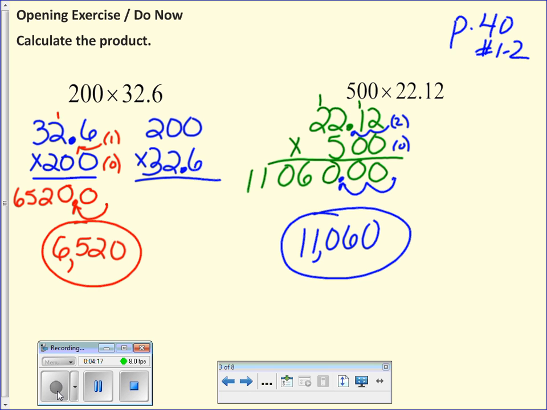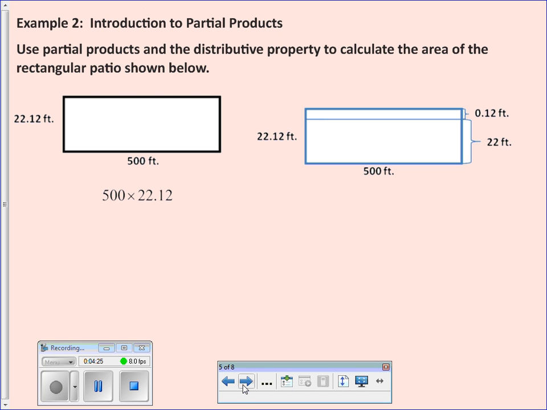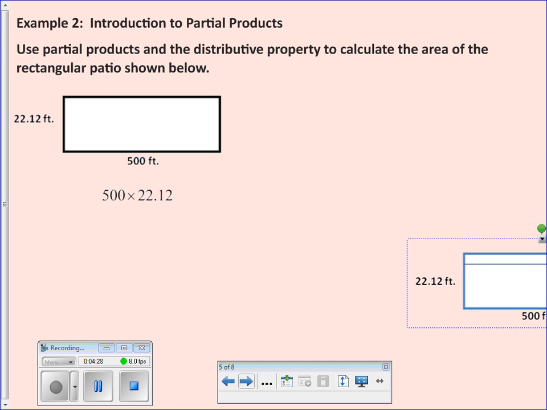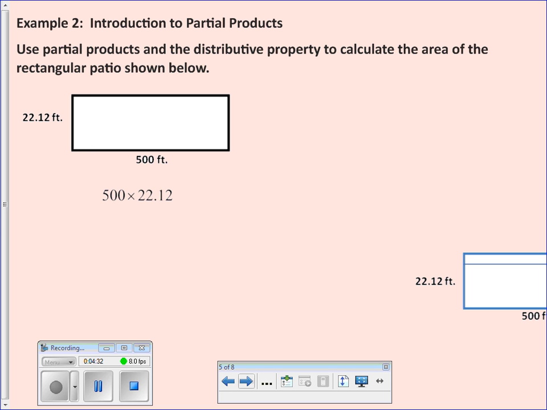Now sometimes multiplying with the decimal can be a little confusing. Let's take a look at this example, okay? So if we were working to find the area of a patio, a lot of times backyards, closets, bedrooms, whatever we're working on, area isn't always nice even numbers. It's not always a 10 by 10 room. You might have decimals.